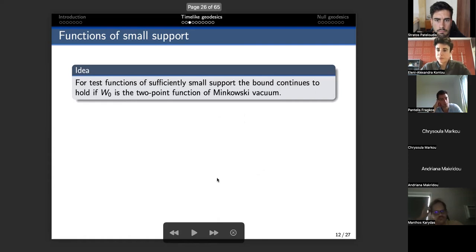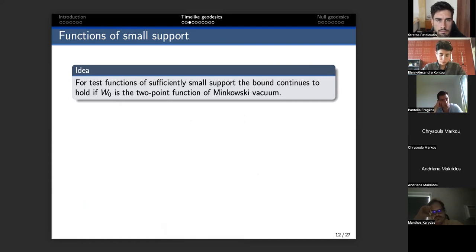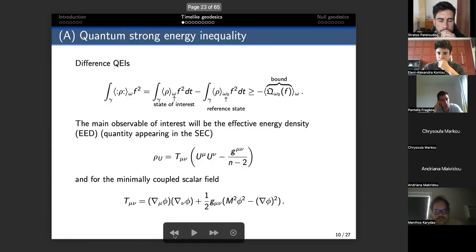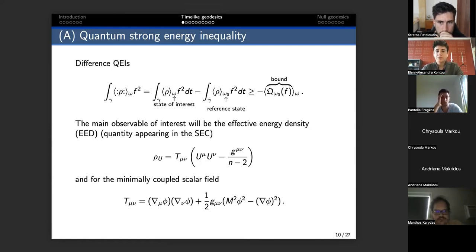May I ask a question, if you don't mind? I'm getting back a little bit, if you can, a couple of transparencies to see whether I can get the idea. Here? Yes. So in the top equation, you have the expectation value of rho, which is, I suppose, an energy.